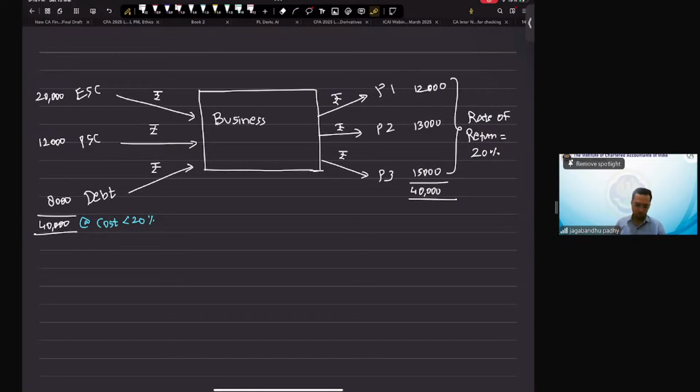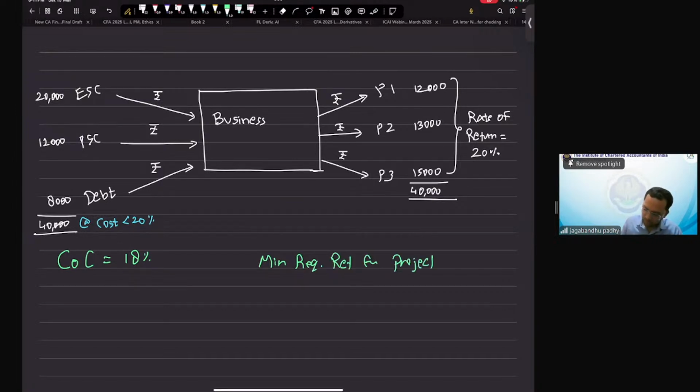Why do we need to know the cost of capital? So that we can actually take up the projects which are giving us a rate of return of more than 20%. To put a hypothetical scenario in front of you, let's say the cost of capital is 18%. What will be your minimum required return from projects?